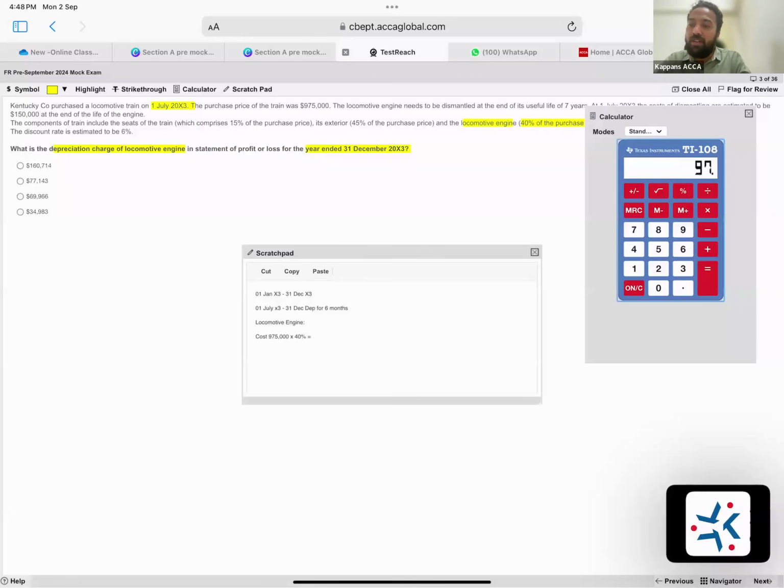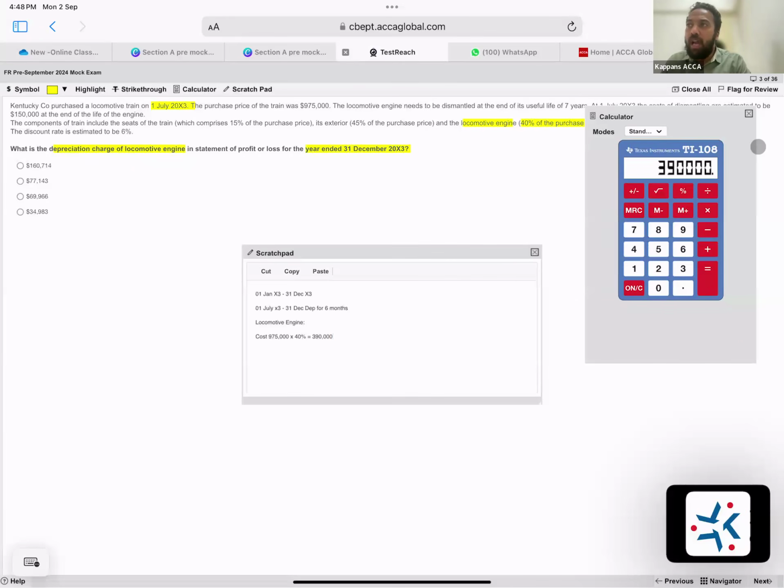So 975,000 multiplied by 40%, that is equal to 390,000. $975,000 multiplied by 40 divided by 100 is equal to 390,000, which is the cost of the locomotive engine.